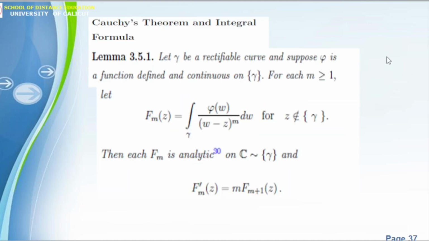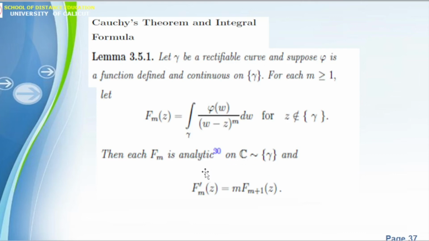We have important theorems and formulas: Cauchy's integral theorem, Cauchy's theorem, the Cauchy-Goursat theorem and Cauchy's integral formula. Let gamma be a rectifiable curve, and suppose phi is a function defined and continuous on the set gamma, for each m greater than or equal to 1.